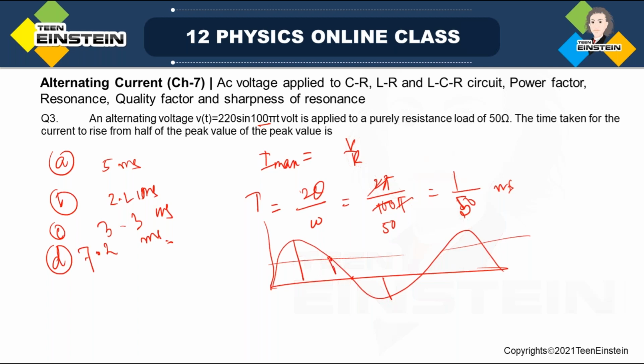This is the maximum, this is the half of the maximum. So if we want to solve this problem, we have to see this is T by 4, this is the maximum, and in between there will be the half of the maximum. That time we have to find out.